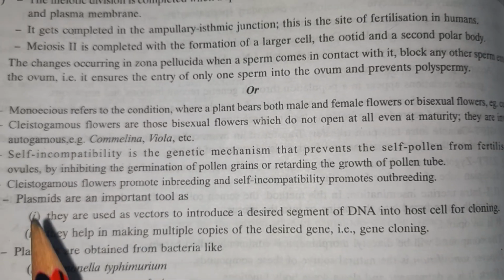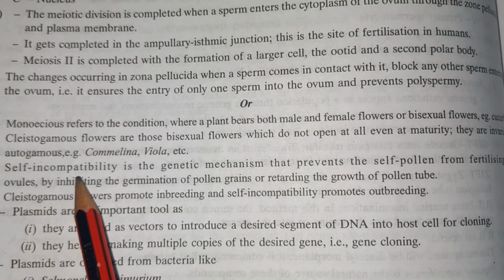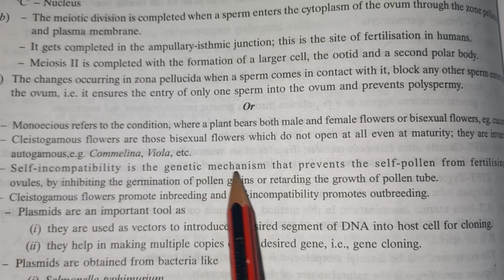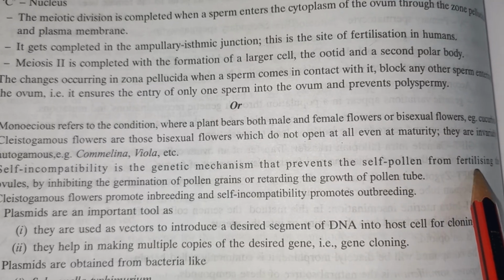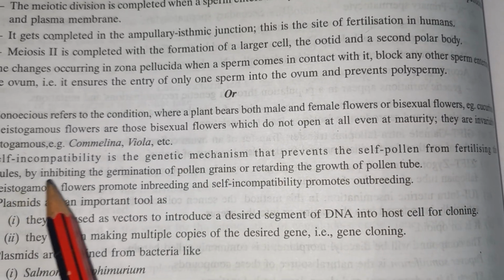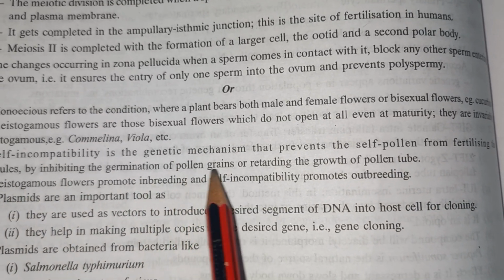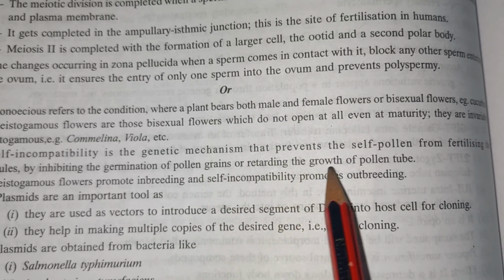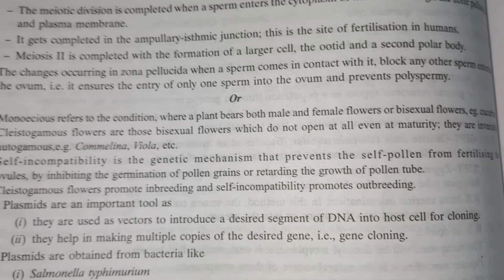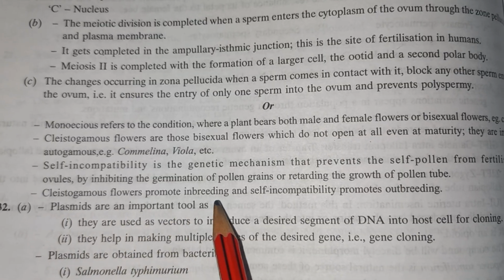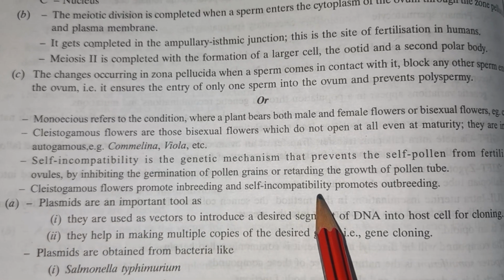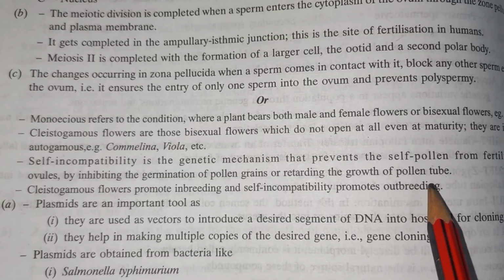Self-incompatibility is the genetic mechanism that prevents self-pollen from fertilizing the ovule by inhibiting the germination of pollen grains or retarding the growth of the pollen tube. Now the answer is, cleistogamous flowers promote inbreeding and self-incompatibility promotes outbreeding.